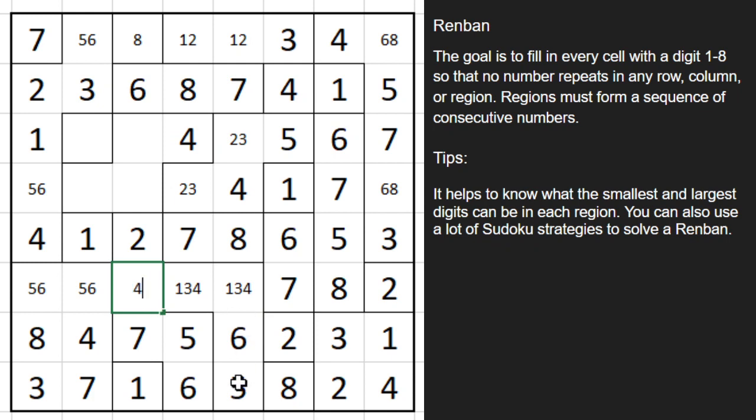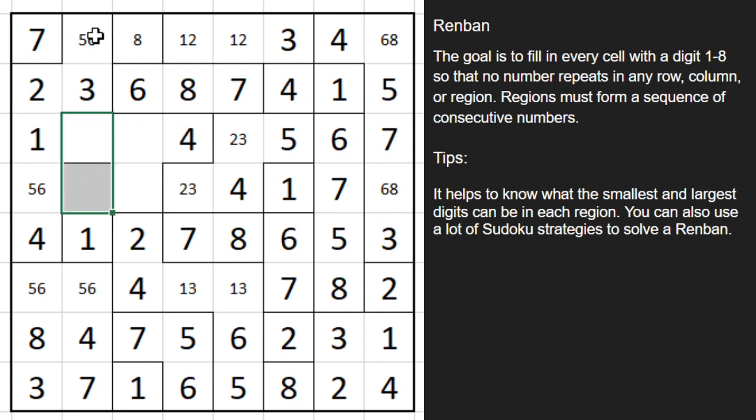So this one must be the 4, making these a 1, 3. And I don't think we can figure out which one's which right now. Let's make that one bigger so we don't get confused. This 5, 6 pair makes these 2 a pair, right?